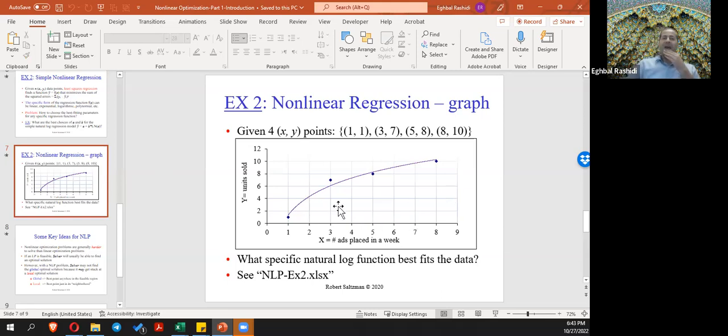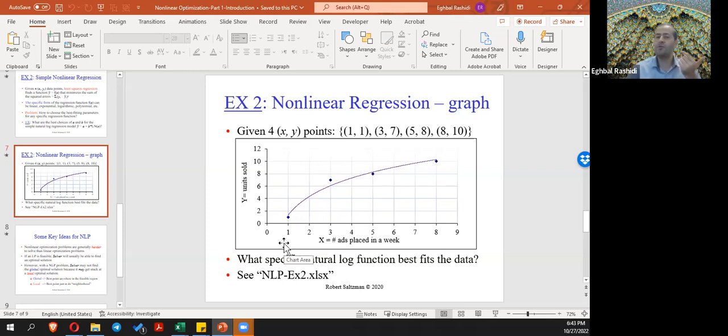All right, so we have 4 points here. These are our data, x1 and y1, x3 and y7, x5 and y8, x8 and y10. These are the points that we have plotted here in this graph.